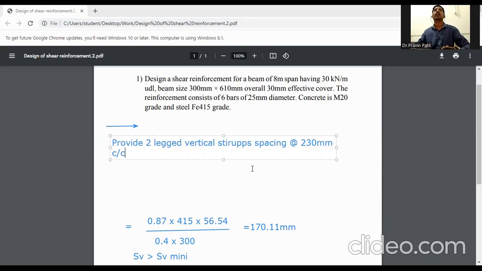This unit is the design of shear reinforcement when tau v value is greater than tau c. So this was the design for shear reinforcement.